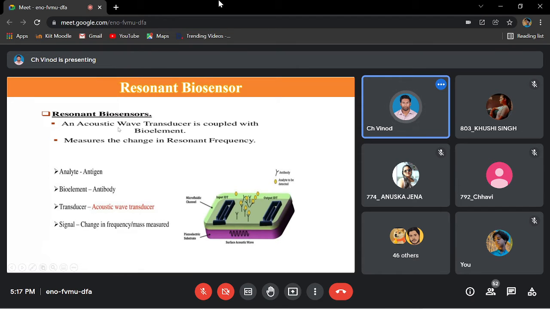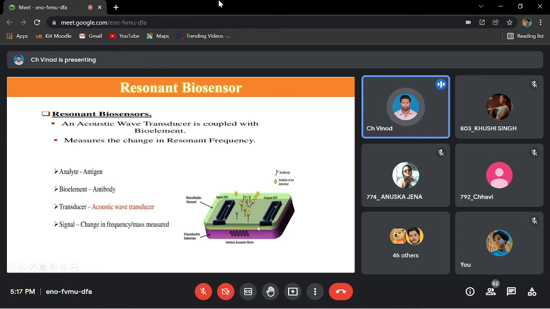You call it resonance. When you introduce the analyte, that resonance is disturbed and you get a change in the frequency. This frequency can get recorded. That's happening because of the change in the mass. This kind of detection is termed resonant based detection.